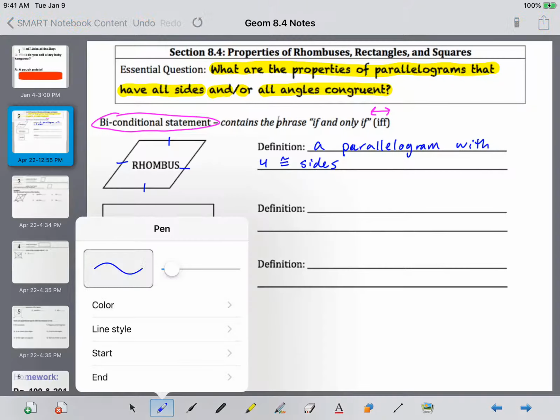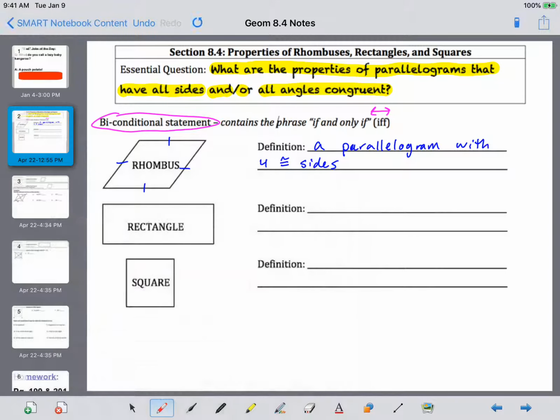A rectangle is very similar. It is still a parallelogram, but in this case, it's a parallelogram with four congruent angles. And if those angles are all congruent, we know they have to be right angles. So that would make it a rectangle.